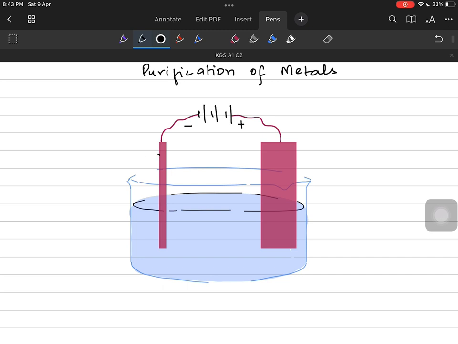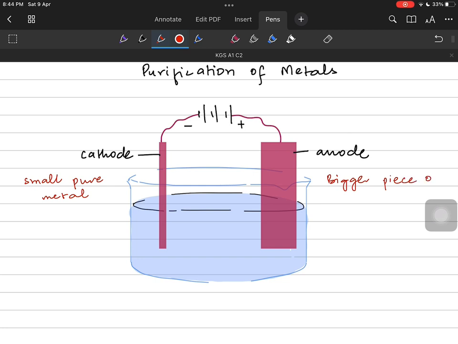Now you need to know that you have a piece of pure metal which is going to be the cathode, and a much bigger piece of impure metal is going to be the anode. A very small thin piece of pure metal is used as an investment to be supplied as the cathode, while a bigger piece of impure metal, the one which has to be purified, is used on the anode, connected with the positive terminal.